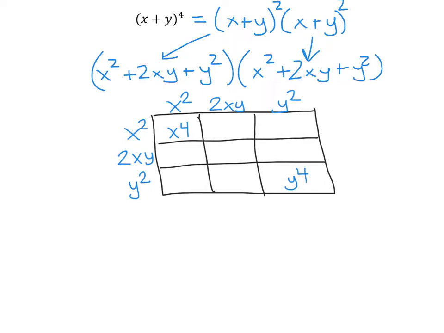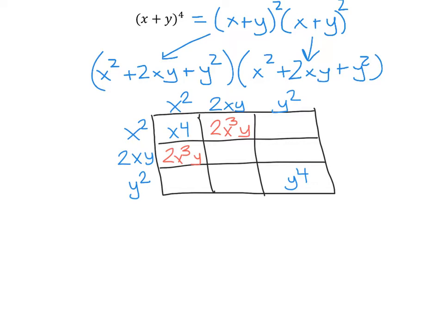If I have x squared times 2xy, that is going to give me 2x cubed y. And likewise here, if I have x squared times this 2xy, we're going to end up with the same thing, 2x cubed y.